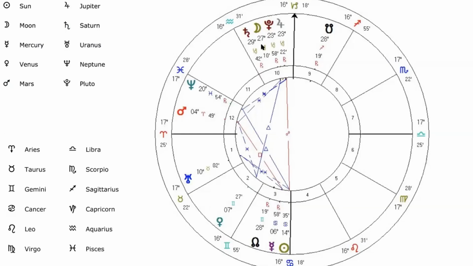And also, by the way, the degrees become important once we start talking about aspects, which is the interrelationship between the planets. And the aspects are shown in this chart by this mass of lines in the middle of the chart here. So the aspects are based on geometrical relationships.